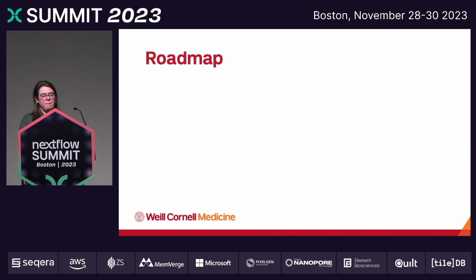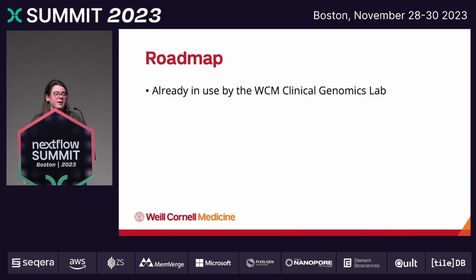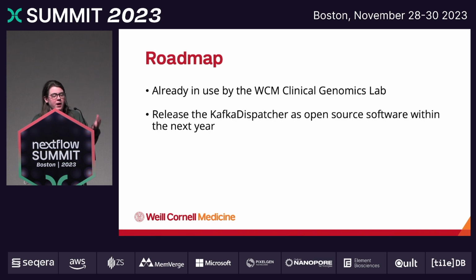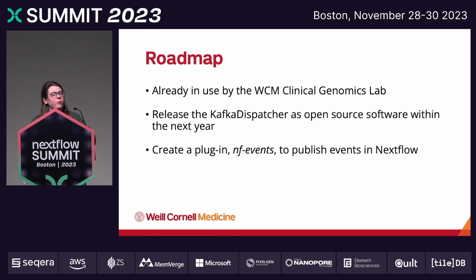So what's the roadmap here? One thing I do want to say is that this system is more than theoretical. It is in use by our clinical genomics lab for TSO 500. And we plan on releasing the Kafka dispatcher as open source software within the next year. And really, we are going to create a plugin, NF Events, to publish events in Nextflow.